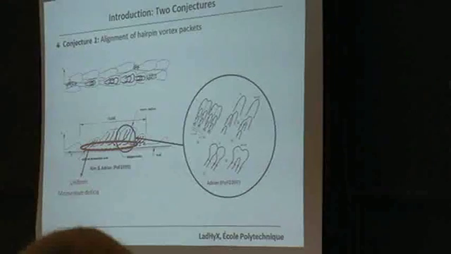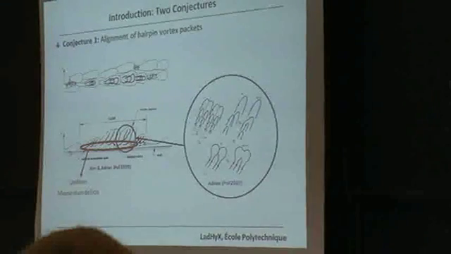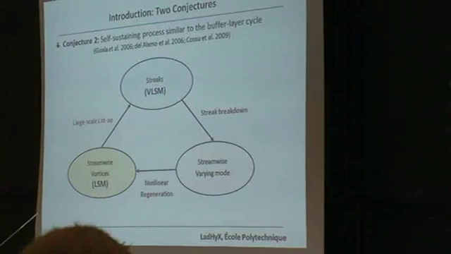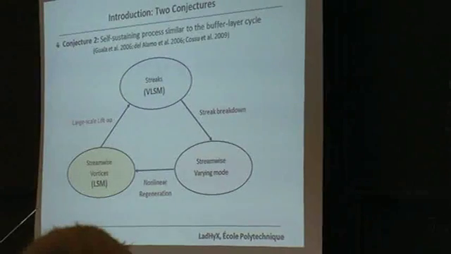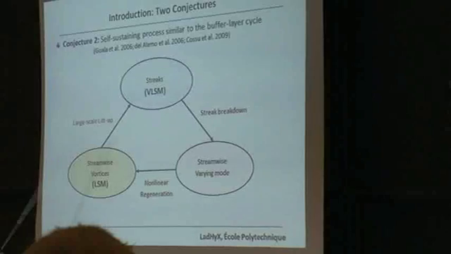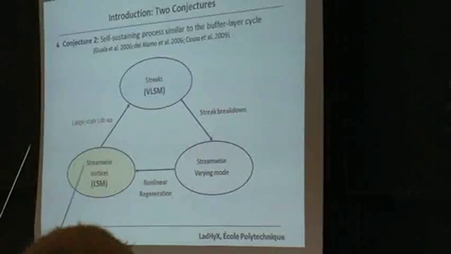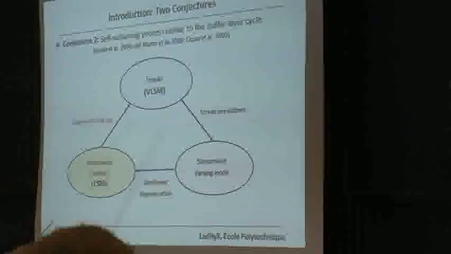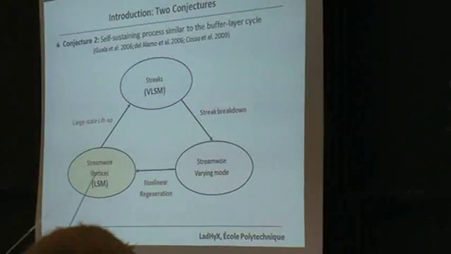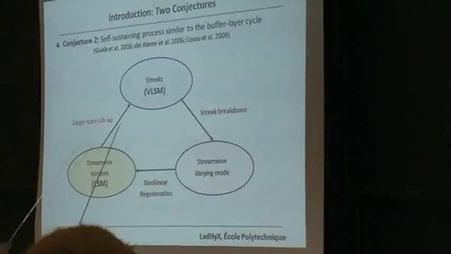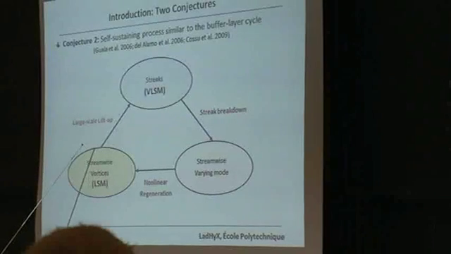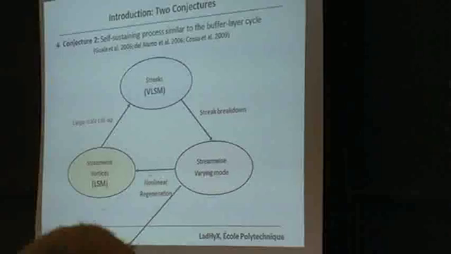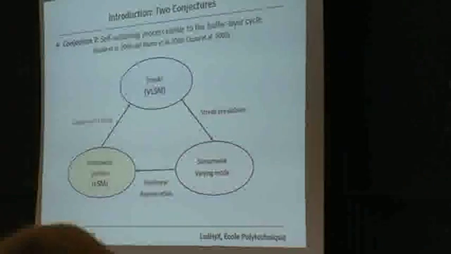This was one possible idea. Another idea came out recently, conjectured in several papers: that the large-scale streaky motion is self-sustained by a process similar to the buffer-layer cycle. This is the typical buffer-layer cycle: you have streamwise vortices, which are transformed to streaks by the lift-up effect, and then you have streak breakdown via secondary instability or transient growth or whatever.